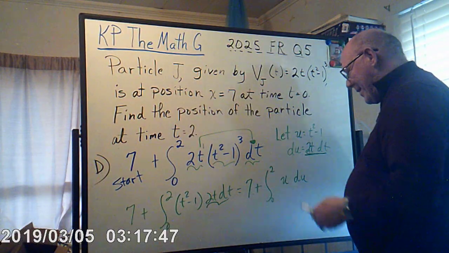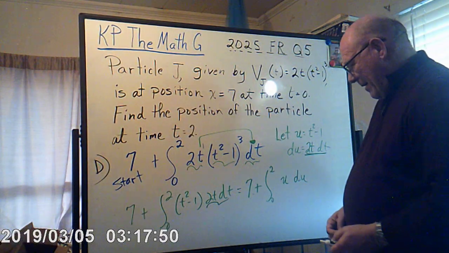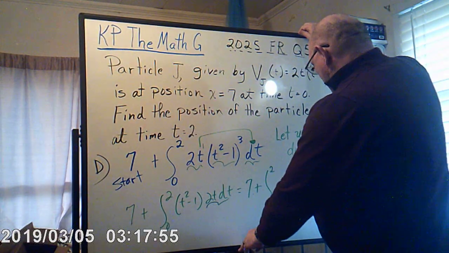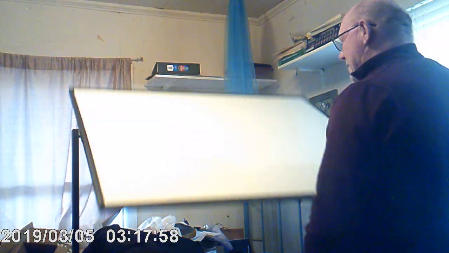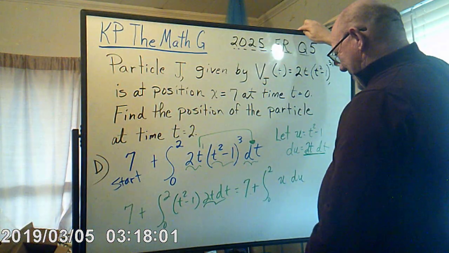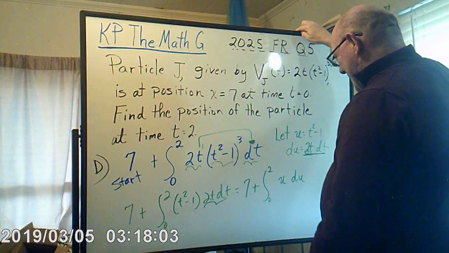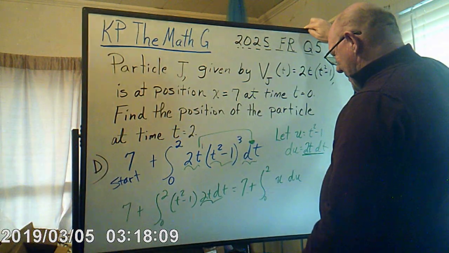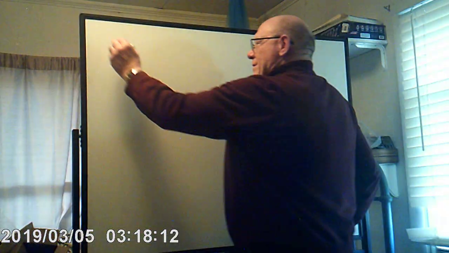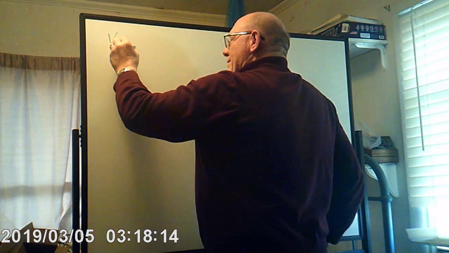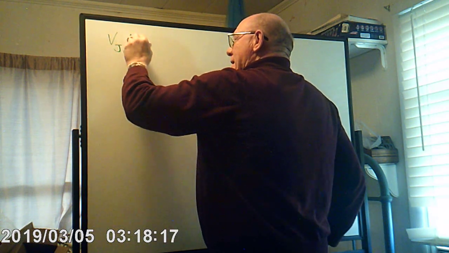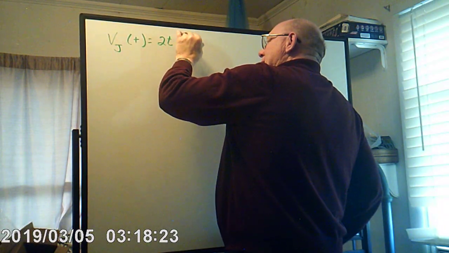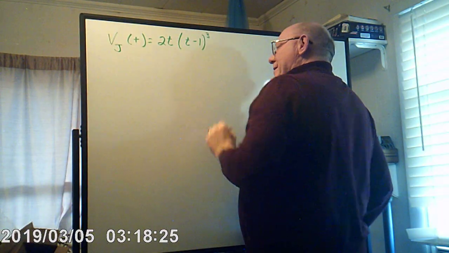Now, one thing that you can do before you integrate: the integral originally was 2t times t squared minus 1 raised to the third.